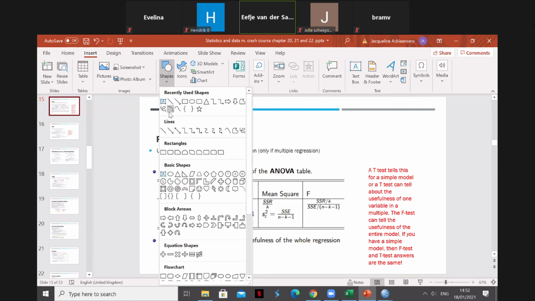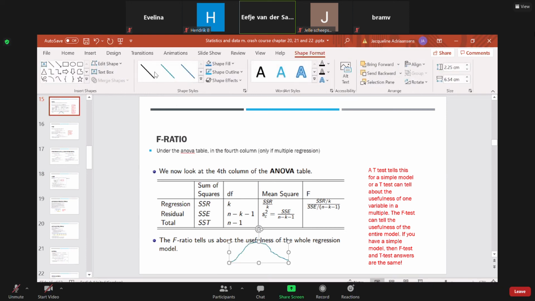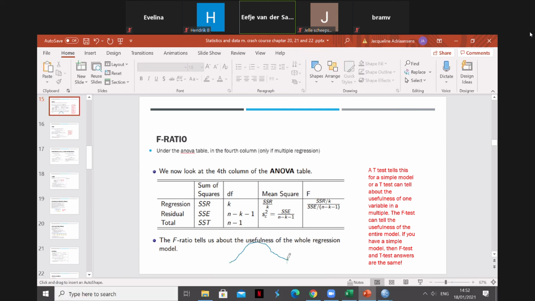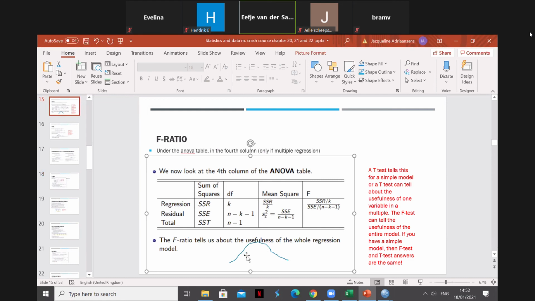If I draw it, it goes like this, and then the value is literally somewhere here. Like I said, in Excel, it always calculates this part. So now I get a p-value of 1. But I must have this small part, because it's always an upper tail test. So I have to do 1 minus that, and then I get 0.